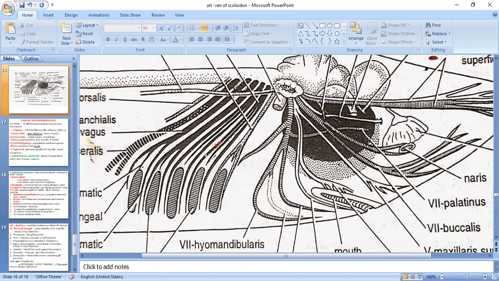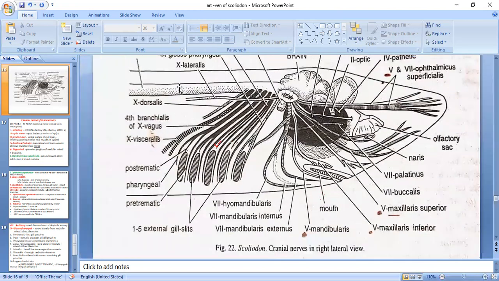So from here the tenth, the vagus nerve or pneumogastric nerve, is produced. It is from its lateral region. So the 10th lateralis is produced. It innervates the lateral line sense organs till the end of the body.